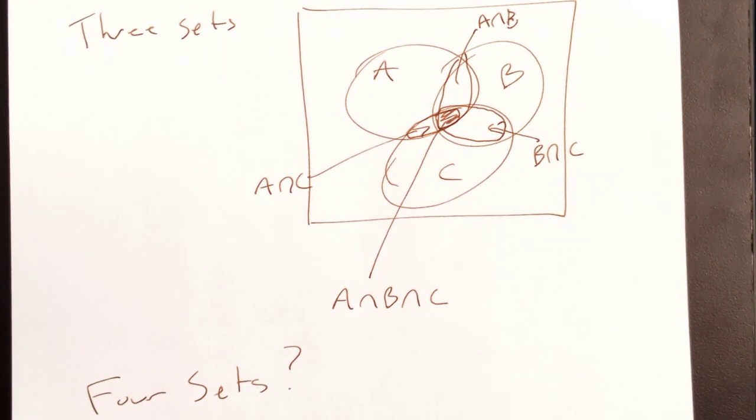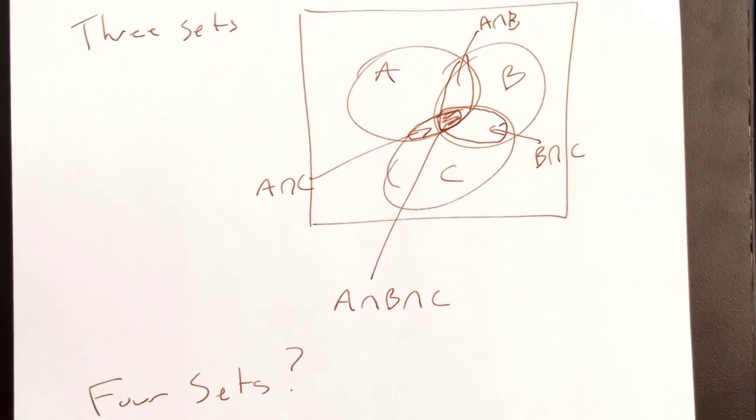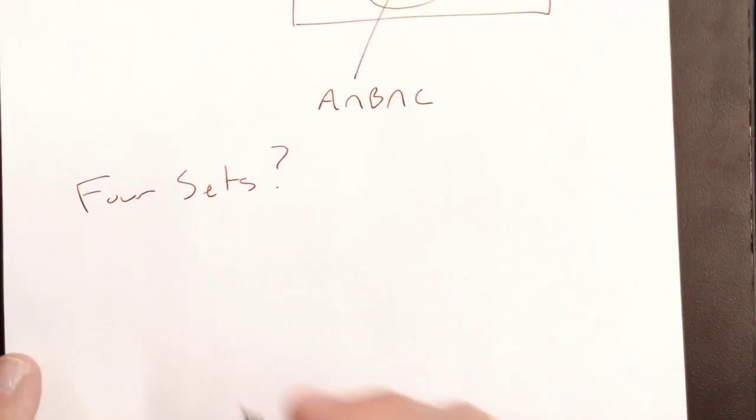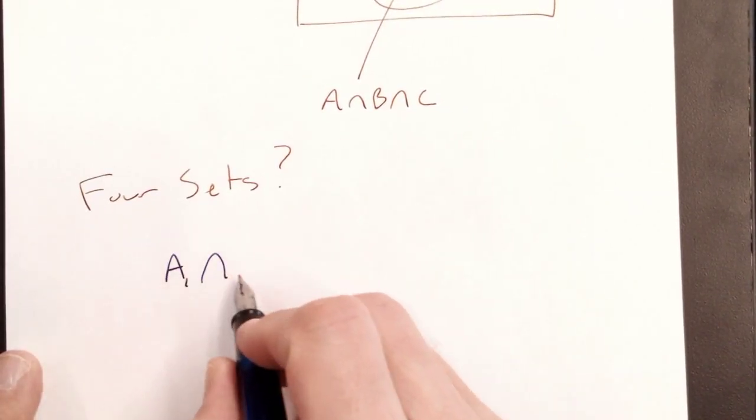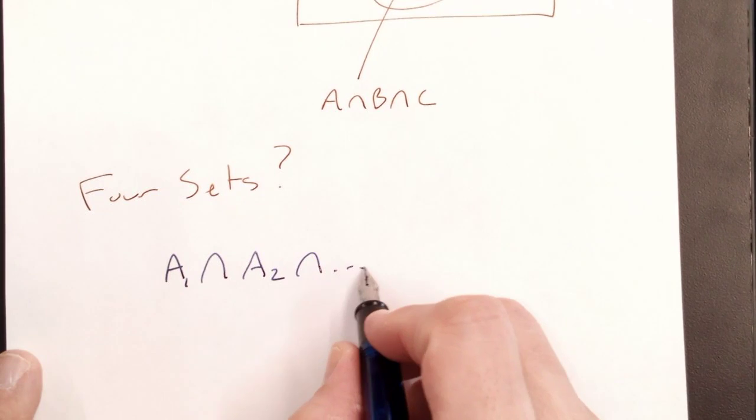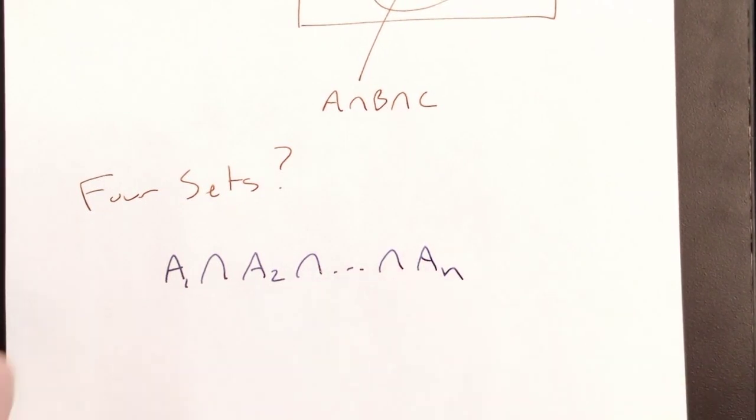And so that means I can think of the intersection of a lot of sets, right? I could think of A1 intersect A2 intersect as many as I want. Yes? I could intersect 17 sets or 35 of them. Wait a minute. A and B and C and D and... Didn't we write a shorthand for that?